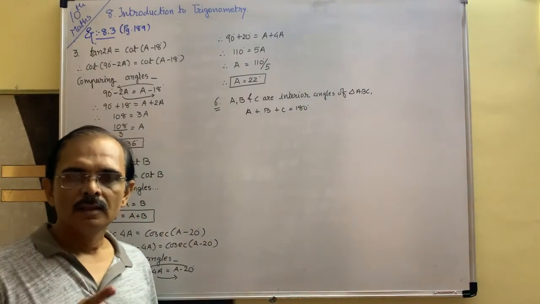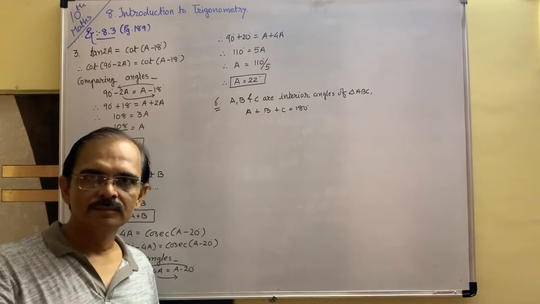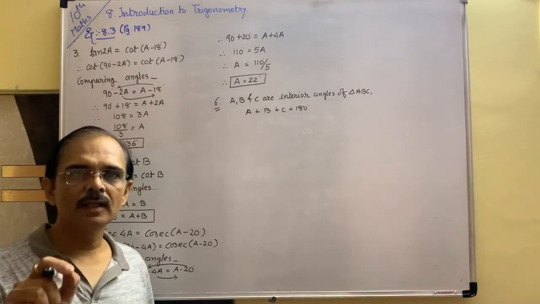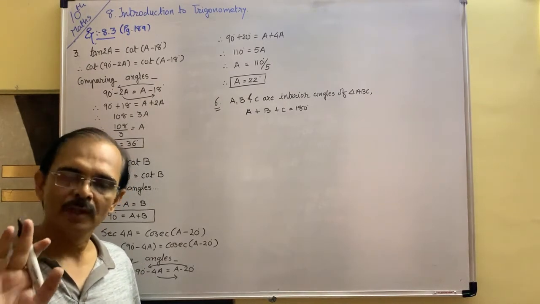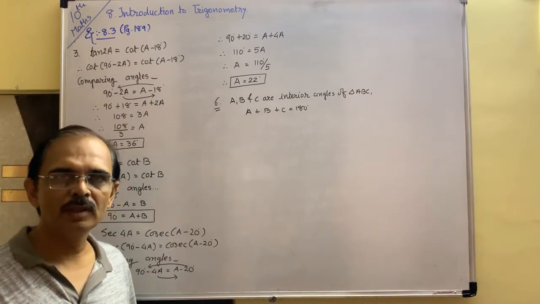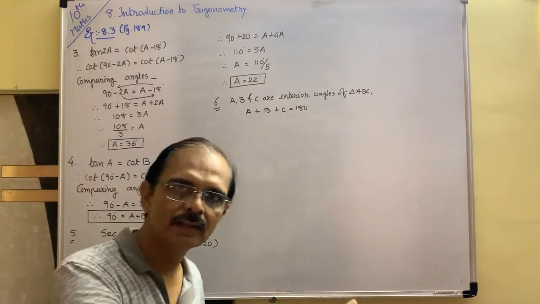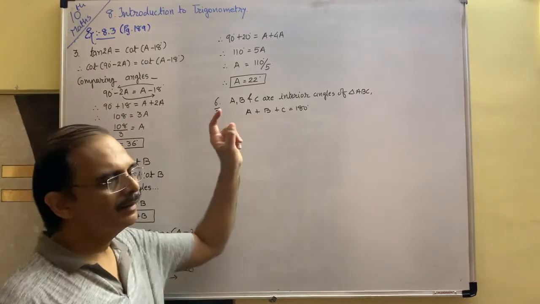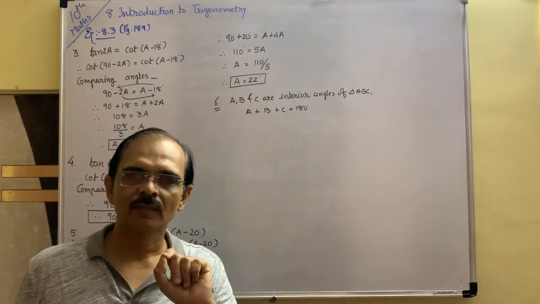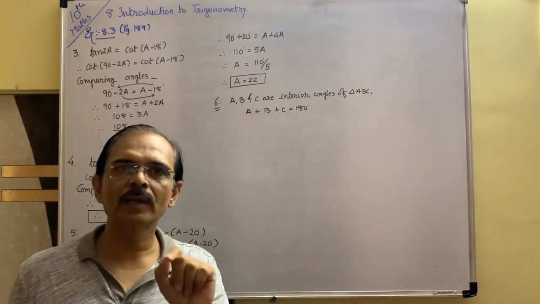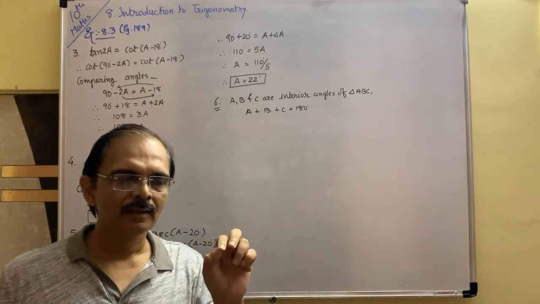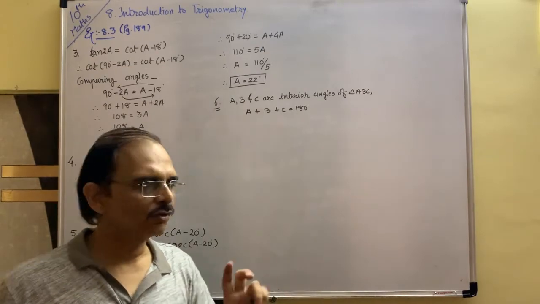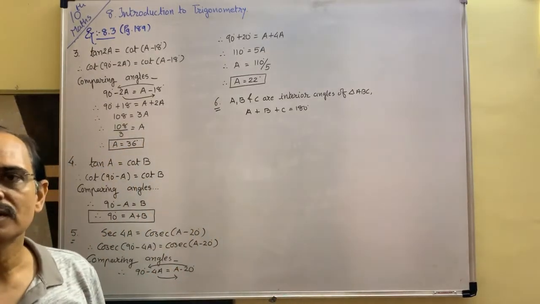Here I write only A plus B plus C. In your mind, maybe it reads angle A plus angle B plus angle C equals 180 degrees. You are perfectly right, but I write only A because A, B and C are angles here, and we use them in trigonometric ratios. So we write sin A, we don't write sin angle A. So I write only A plus B plus C equals 180.